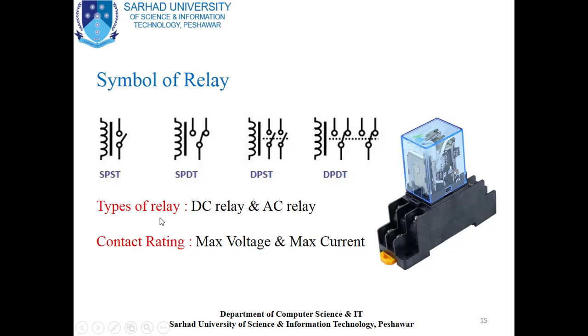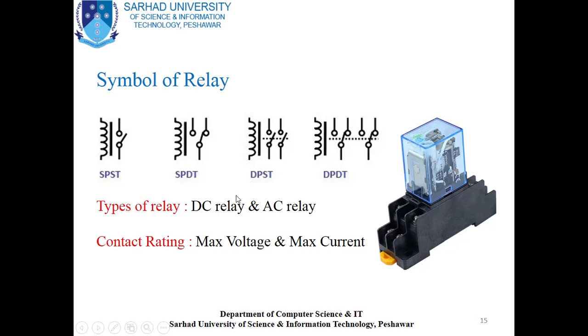Types of relay. There are two types of relay, DC relay and AC relay. DC relay is used to control DC load and AC relay is used to control AC load.